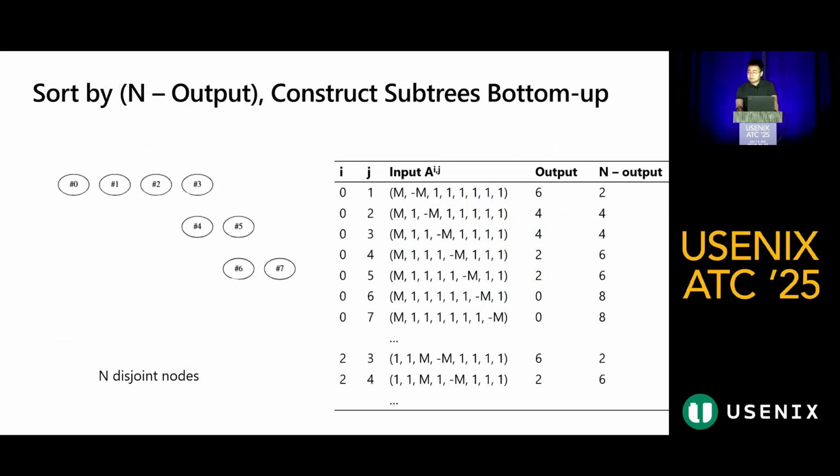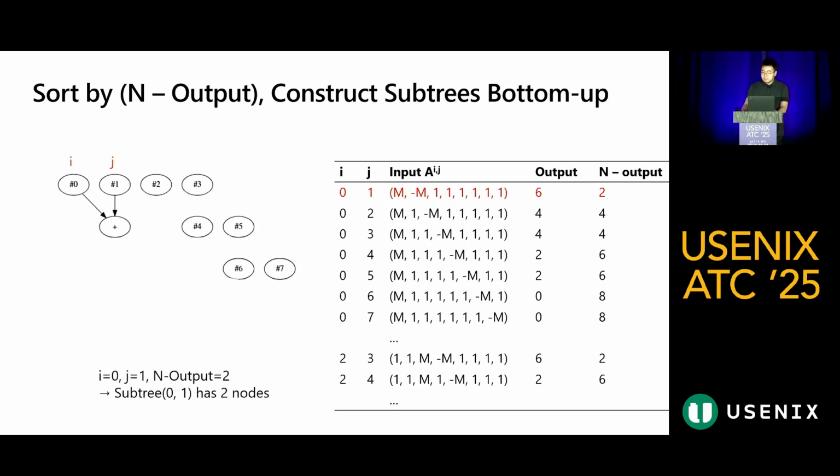Okay, let's see how it works to construct the accumulation order for the summation tree. To generate the summation tree, we start by initializing the tree with 8 disjoint nodes labeled 0 to 7.